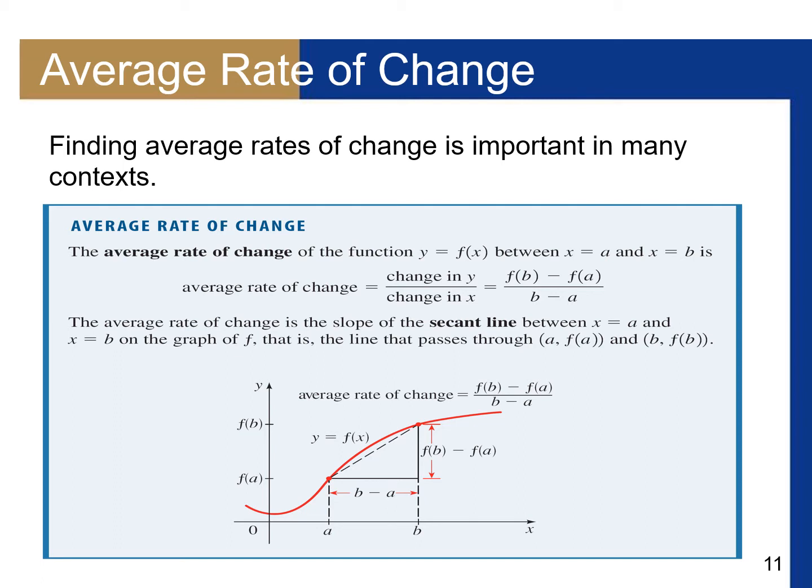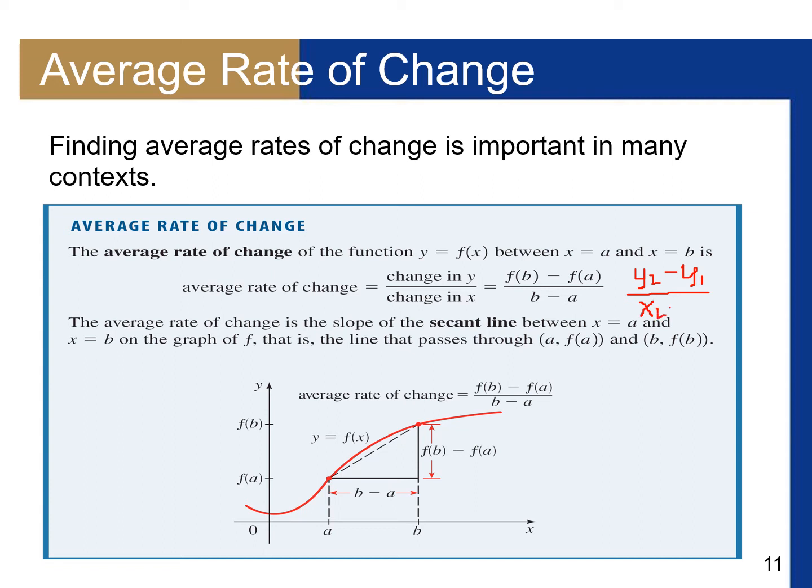So this comes to the average rate of change. The average rate of change would be, again, the slope formula right here, everybody. This is the same thing as y sub 2 minus y sub 1 over x sub 2 minus x sub 1.